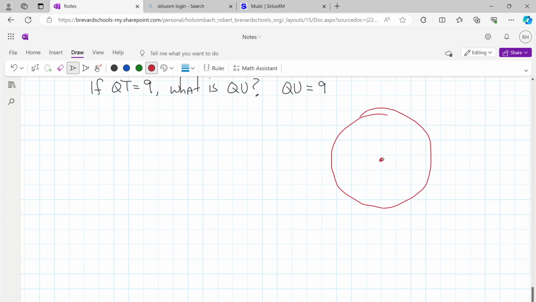Put a center in it. And then we've got the center of this little circle is outside of the big circle. So this is point R. This is point S.